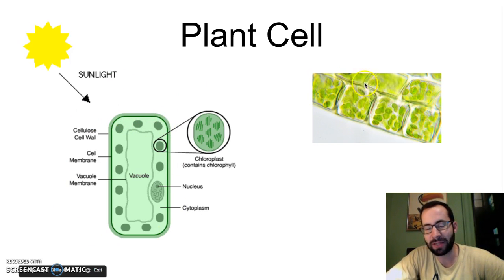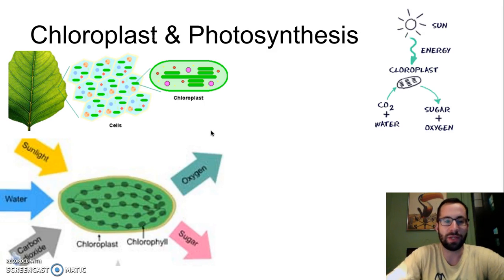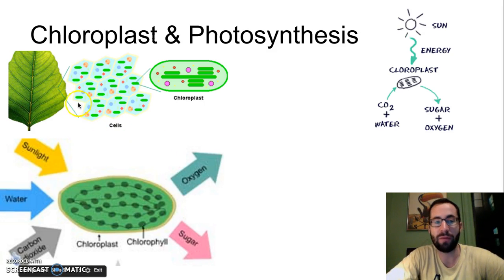Here are what some actual plant cells look like. You've already looked at them in past learning targets, including the onion cell. And we're going to be focusing on what happens inside of this chloroplast. You definitely need to know that photosynthesis takes place inside of the chloroplast. And this is how it happens. So essentially what's going on here is inside a leaf you have a bunch of cells, and inside these cells are the chloroplasts.